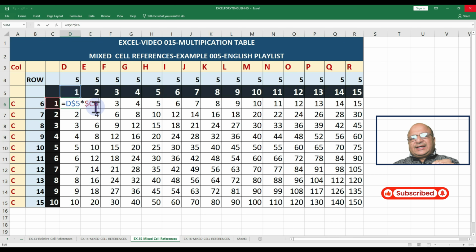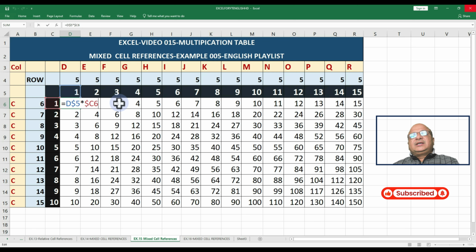In the second cell address C6, letter C represents the column reference and the number 6 represents the row reference. Here we have placed a dollar sign in front of the column reference, but the row reference is kept as it is.